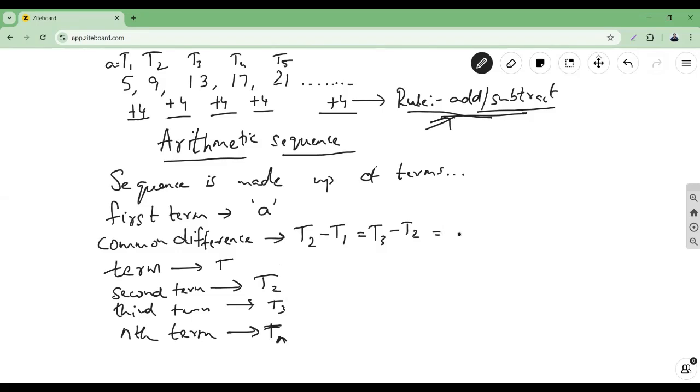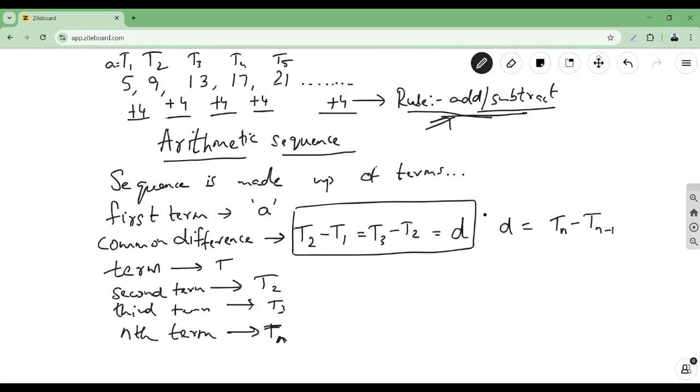Common difference is represented by D. Understand this very carefully and clearly that this D is the nth term minus the previous one. If the previous means n minus 1, then common difference D is given by the nth term minus the n minus 1th term, right? Tn minus Tn minus 1. So this is how common difference can be found.